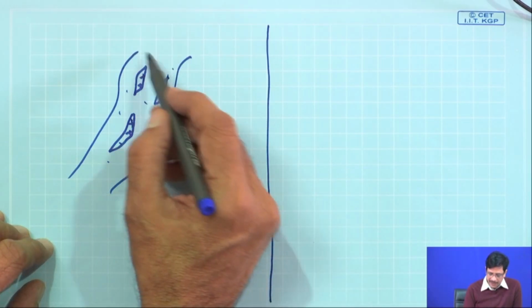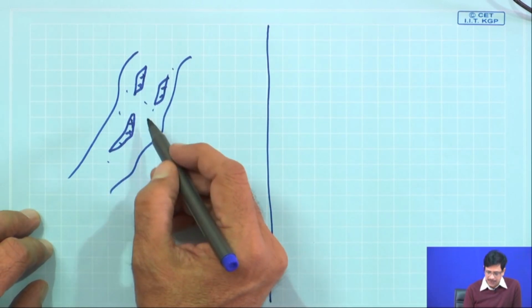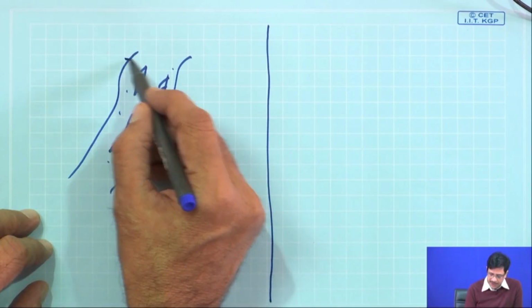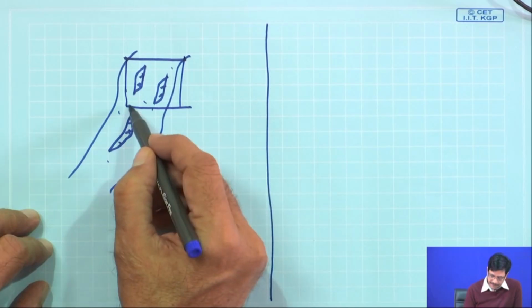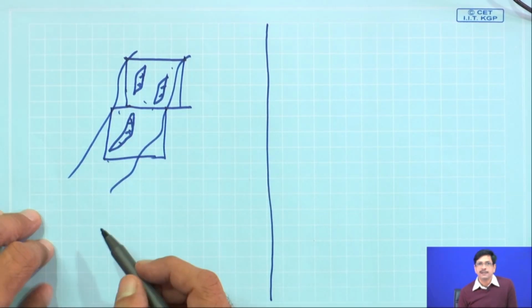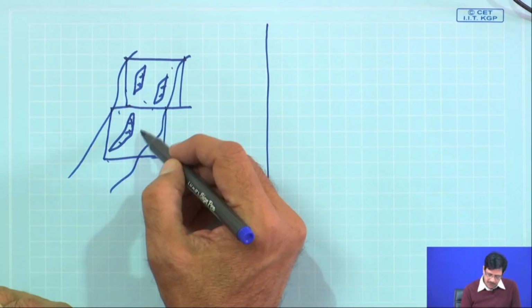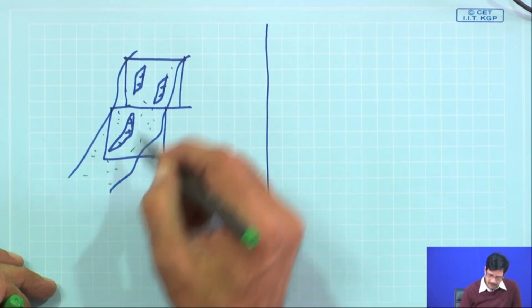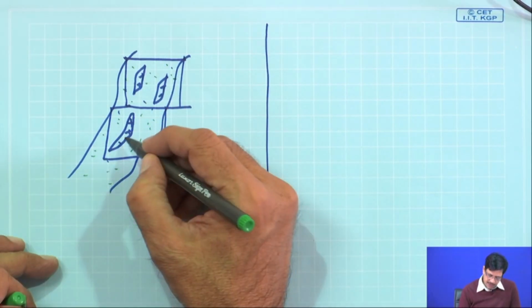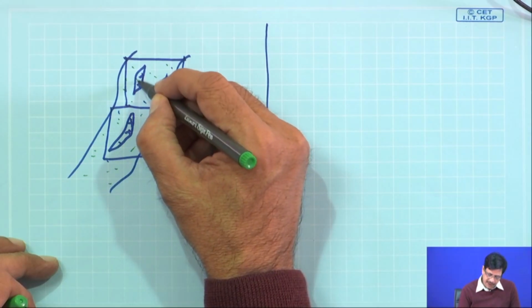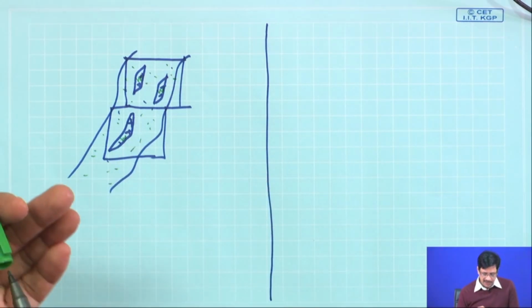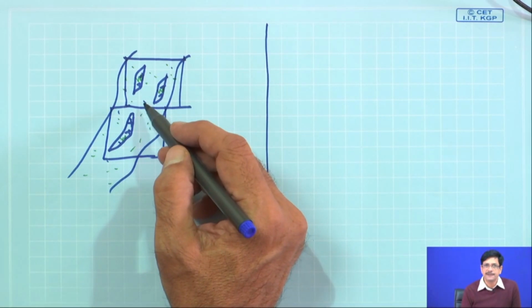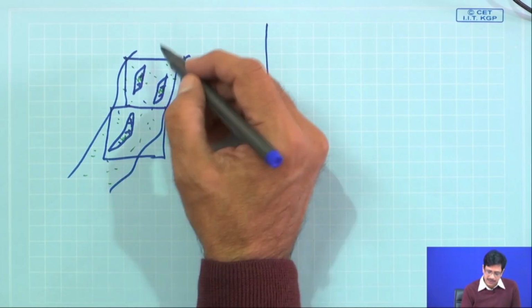But if they happen to be smaller in dimension than the selective mining unit, suppose the selective mining unit is like this, then invariably the ore, if this is the ore part, and this could have been designated as waste, but because of the selective mining unit, these blocks have to be mined and labeled as ore.